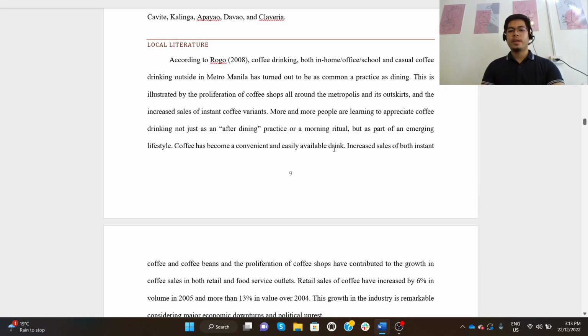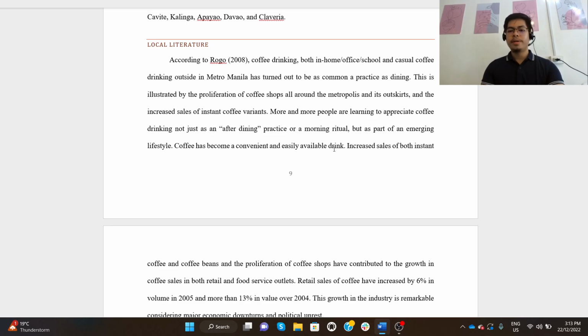According to Rogo 2008, coffee drinking, both in the home, office, school, and casual coffee drinking outside in Metro Manila has turned out to be as common a practice as dining. This is illustrated by the proliferation of coffee shops all around the metropolis and its outskirts, and the increased sales of instant coffee variants.